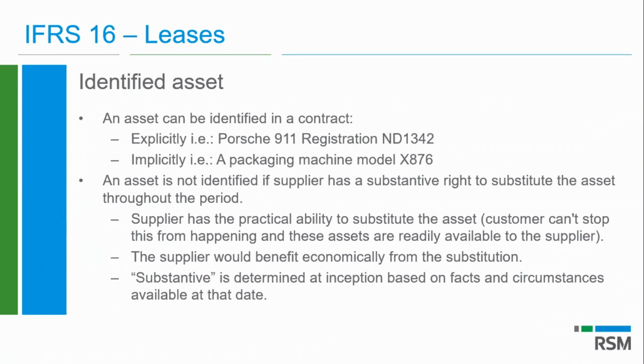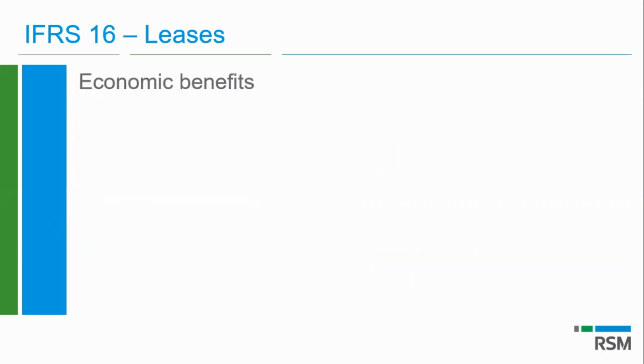That's why I'm saying it's very, very important to look at, when you're entering into lease agreements, whether or not the supplier of whatever equipment or asset that you're renting or leasing has that substantive right to substitute that asset.